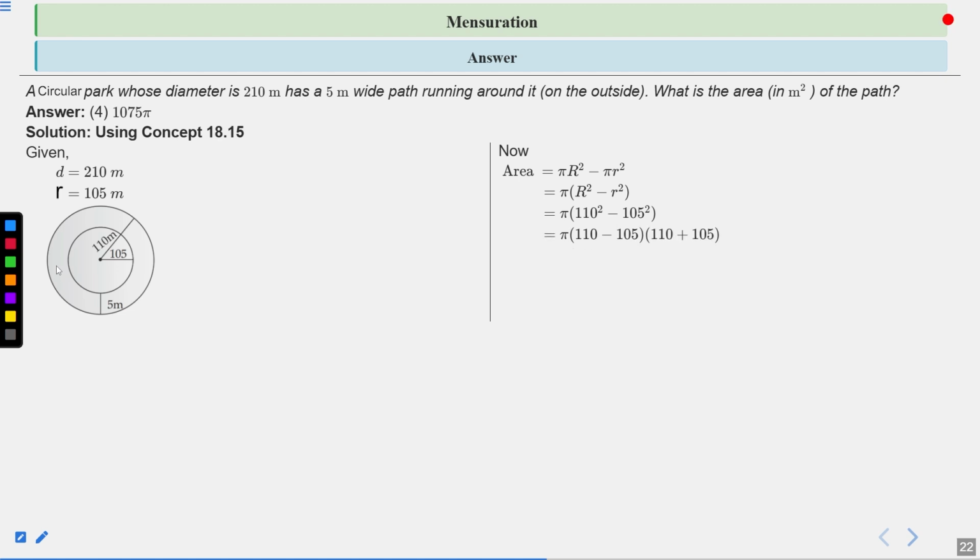So we get pi into 110 minus 105 into 110 plus 105, by using a square minus b square equals a plus b into a minus b. So we get pi into 5 into 215. Now when we multiply it, we get 1075 pi, which is our correct answer. This is in square meter. Now the fourth one is the correct answer of this question. Next one.